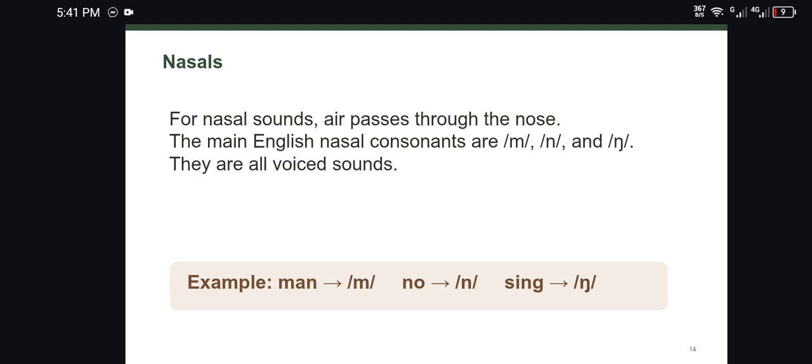And for nasal sounds, air passes through the nose. The main English nasal consonants are M, N, and NG. They are all voiced sounds.